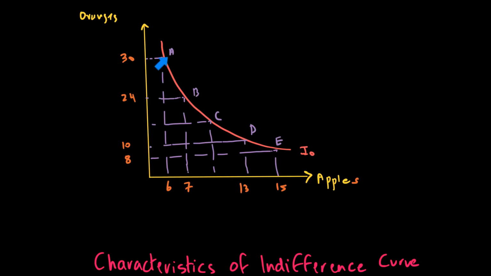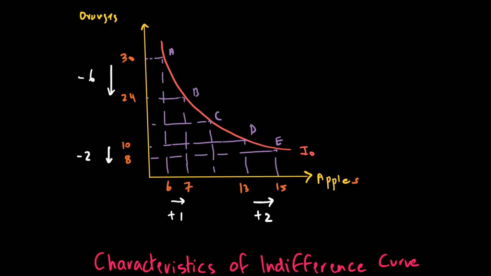When I go from A to B, for example, I'm sacrificing 6 of oranges, but I'm getting 1 of apple. But look at this, when I go from D to E, the sacrifice is -2 for +2.